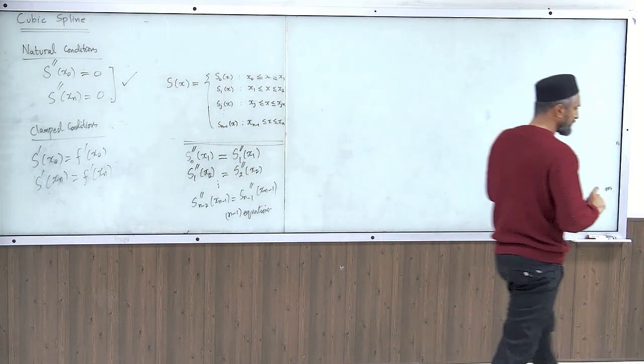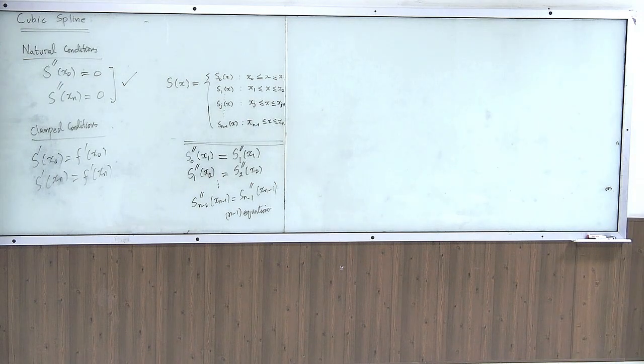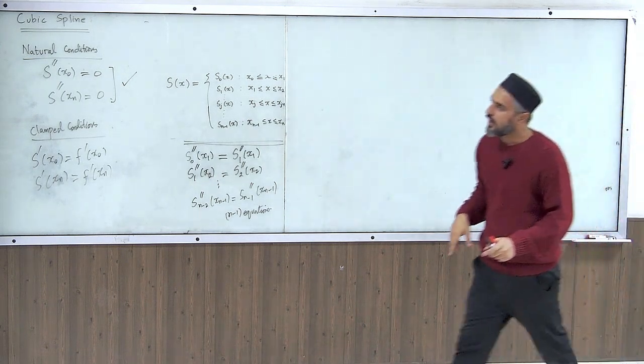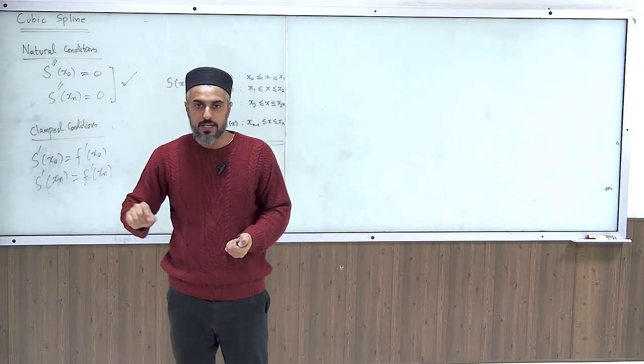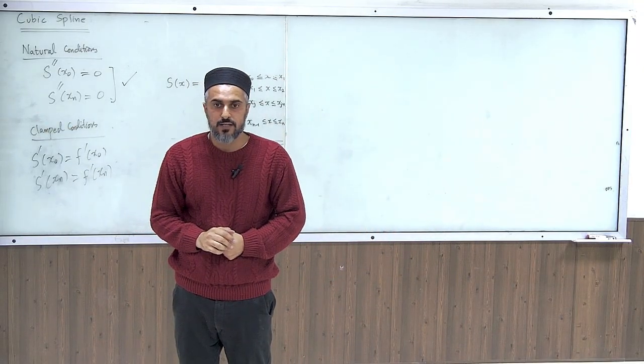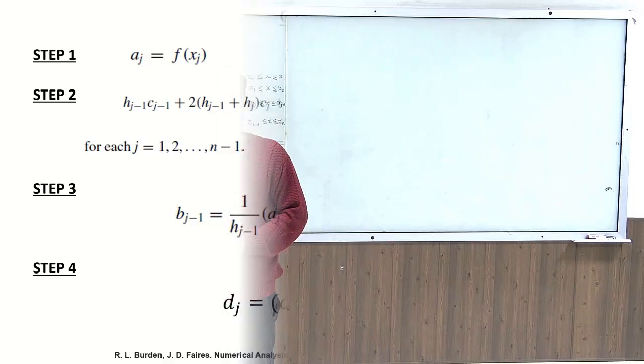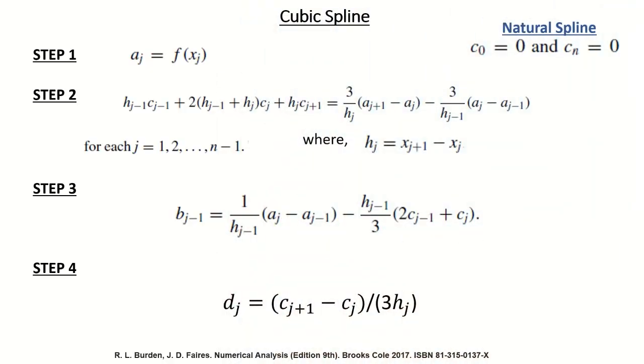So if we use these equations from A till F, you will be able to get the values of the Aj's, Bj's, Cj's, and Dj's. Why am I talking about this?